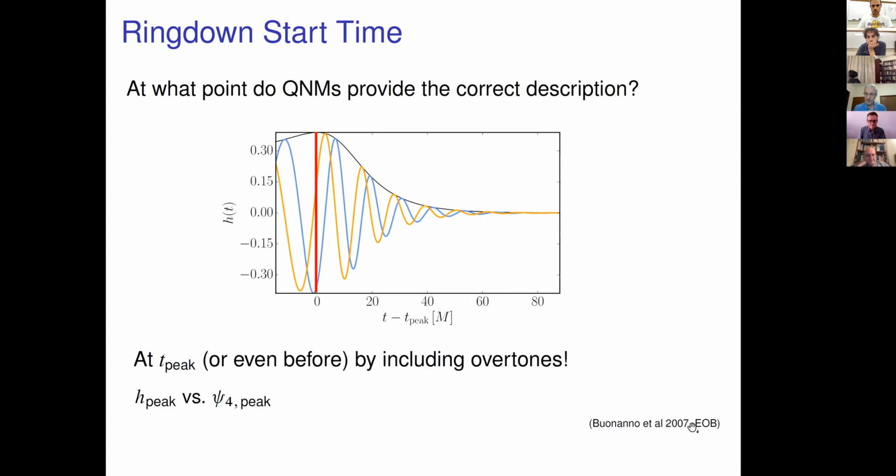This was used in the early EOB, effective one-body models of gravitational waveforms, to model the late time part of the signal. But then in order to match that to the inspiral signal, which is dominated by the post-Newtonian, people developing EOB bent things to match smoothly.